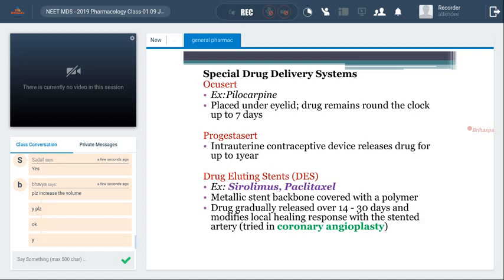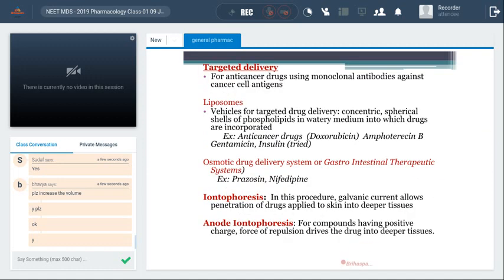Drug-eluting stents are just metallic stents, a backbone covered with polymer, and the drug is gradually released over 14 to 30 days, and it modifies the local healing response within the stented artery. So I put a stent in a blocked artery. The stent maintains the patency of the artery. It also helps in healing of the wound of that particular artery. Particularly in coronary angioplasty we use it.